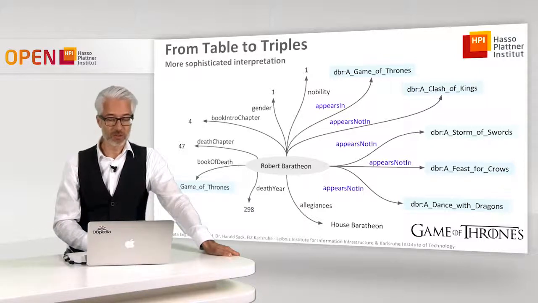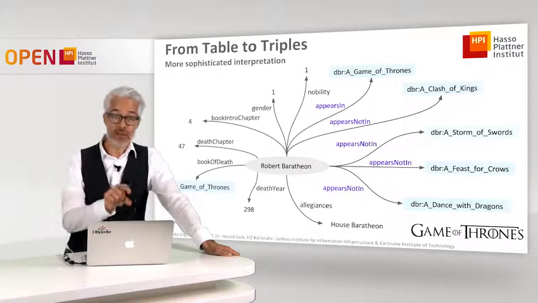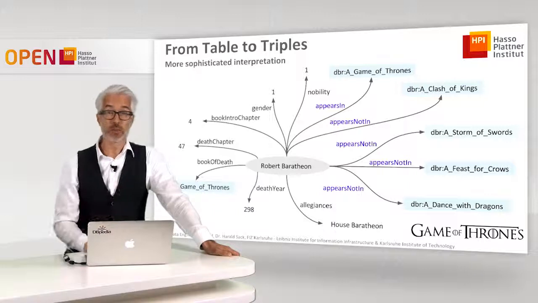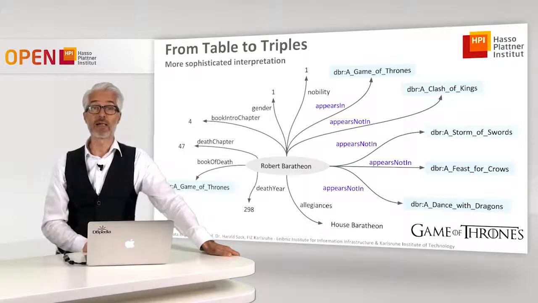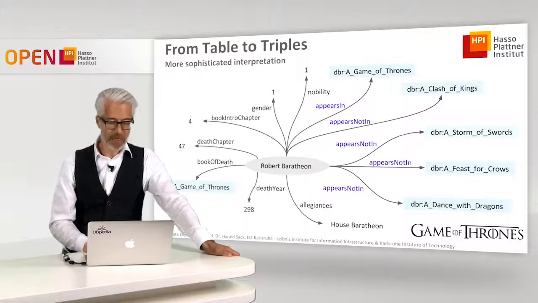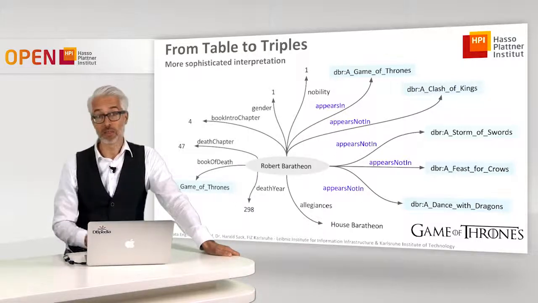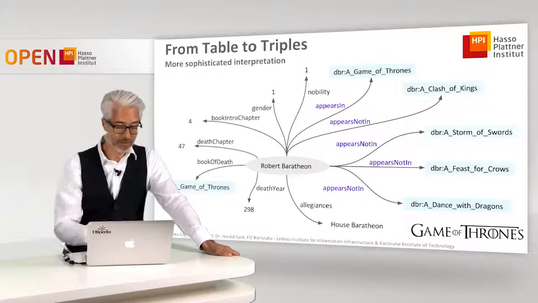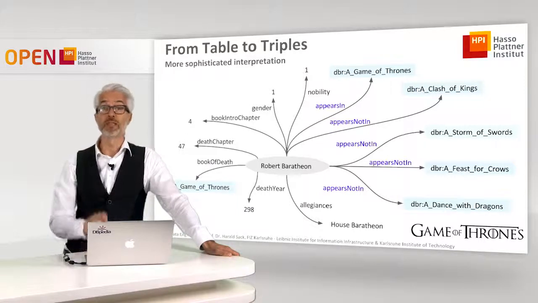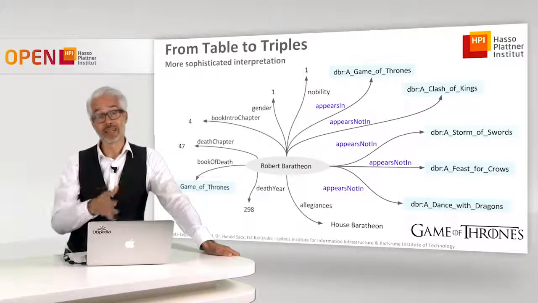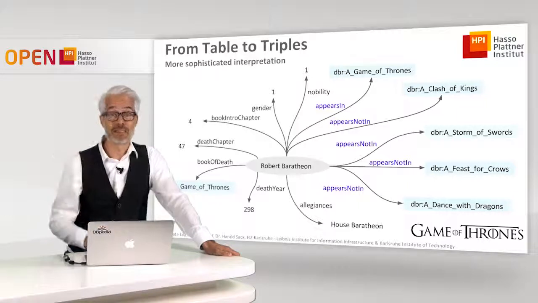So for example, appears in book 1 means this character appears in the first book of the series, which has the name A Game of Thrones. And the book of death of this character happens to be also the first book, which is then also A Game of Thrones. And I took this from DBpedia, which again puts already a little sense into the data.